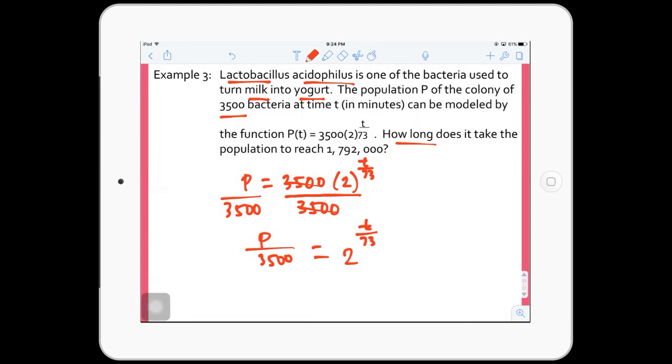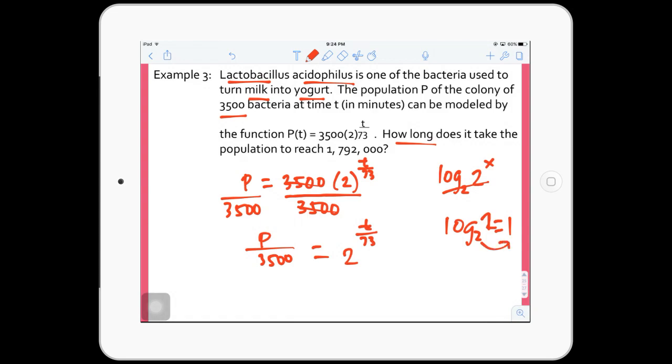So let me just give you a little side review here. To undo the power of base 2, to get rid of that, we are going to need to apply the log base 2, because remember that log 2 of 2 is equal to 1, because 2 to the 1 power is going to give you 2.